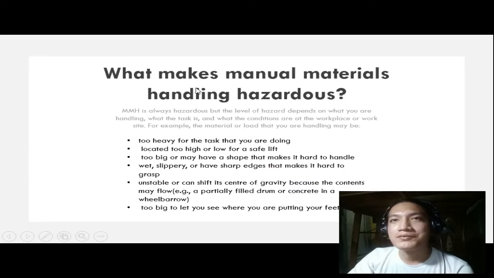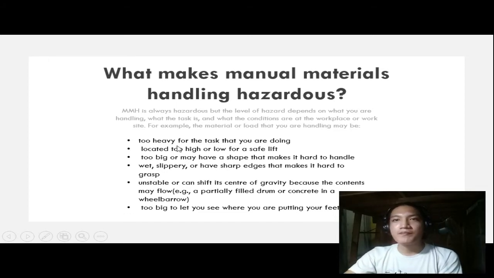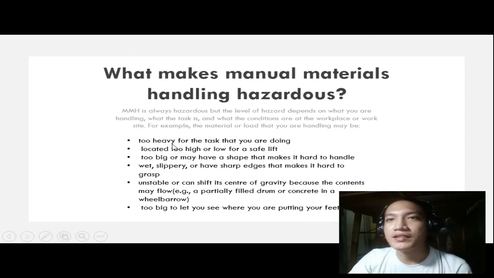So, what makes manual materials handling hazardous? MMH is always hazardous, but the level of hazard depends on what you are handling, what the task is, and what the conditions are at the workplace or worksite. For example, the material or load that you are handling may be too heavy for the task that you are doing.